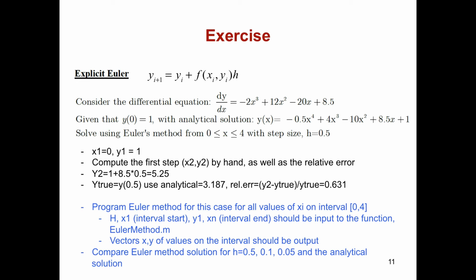So an important point here: when you're actually solving this way, at each point, I discretize my x's, so for instance between 0 and 4, I have 0, 0.5, 1, and so forth. And then I'm computing y values, and I compute that y value only once for each point. Here we computed relative error simply because we knew the analytical solution.